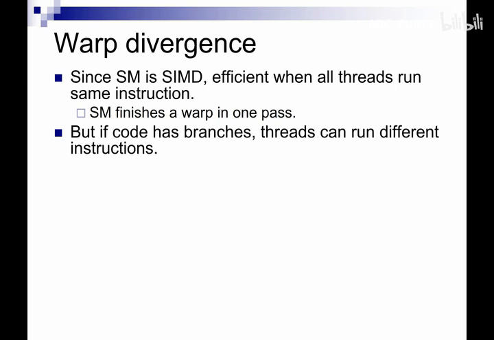However, if the code has branches, then the threads might run different instructions. For example, some threads might be doing an add, and some might be doing a subtract. In this example, we have 3 branches. Some threads are going to be doing an add, the ones which are divisible by 3. The ones which are 1 modulo 3 are going to be subtracting, and then the other threads are going to be multiplying.